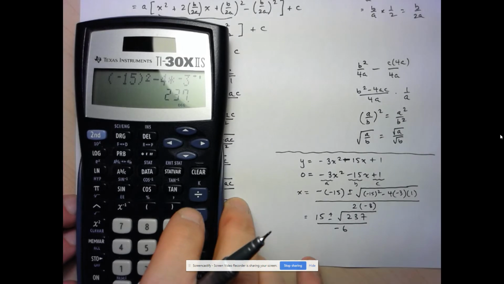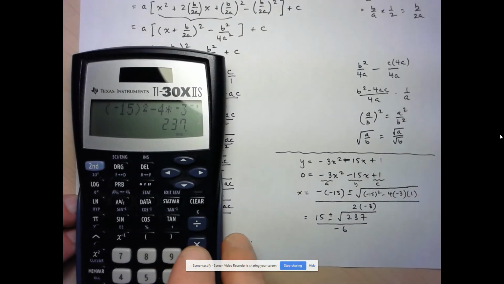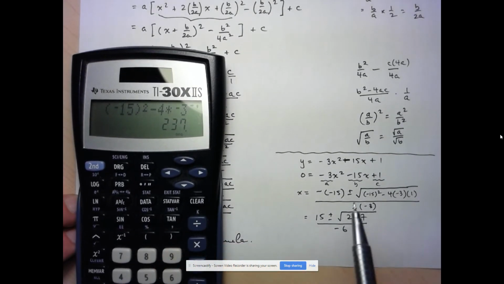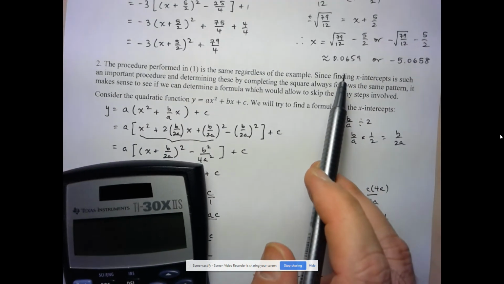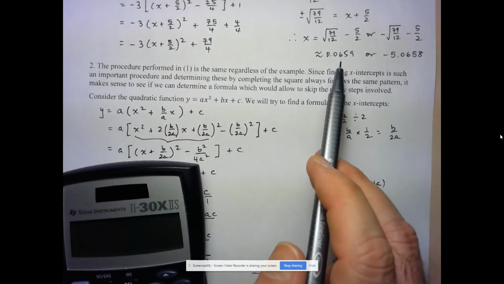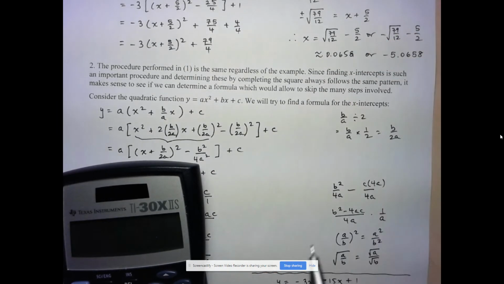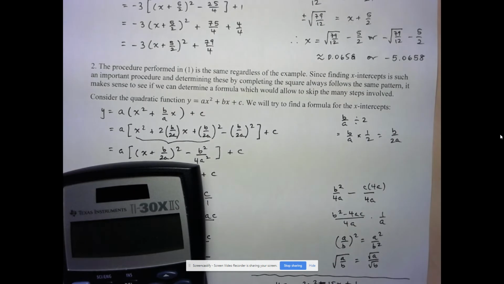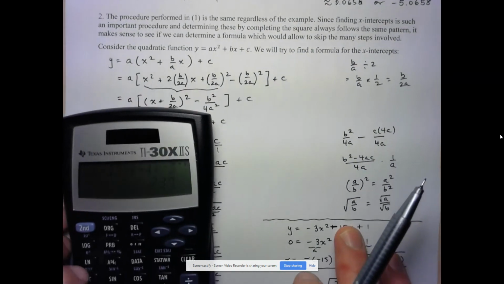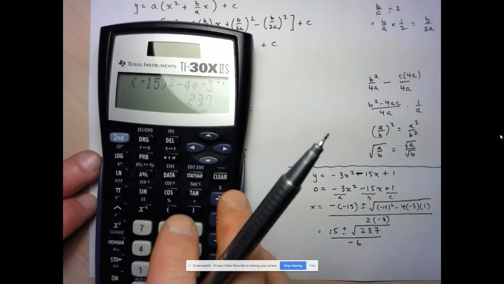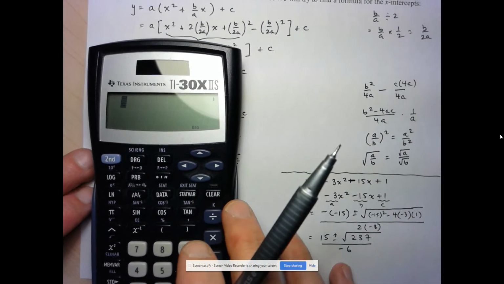And what we're going to do now is show that these answers are exactly the ones we got up here. So remember, the answers were 0.0659. Actually, I think it was 658. And here negative 5.0658. So let's check that here. I'll do this carefully on my calculator.